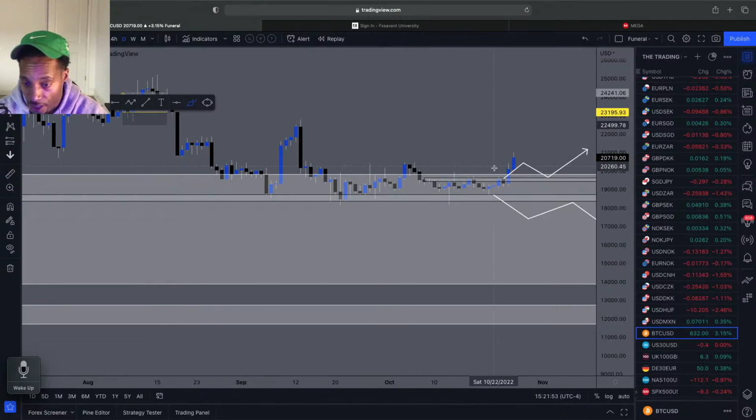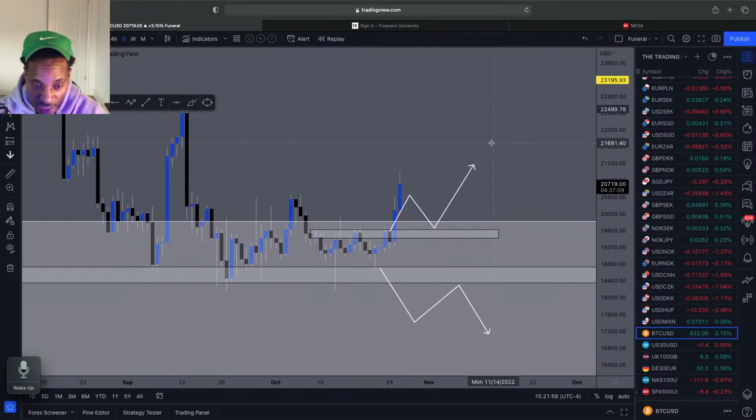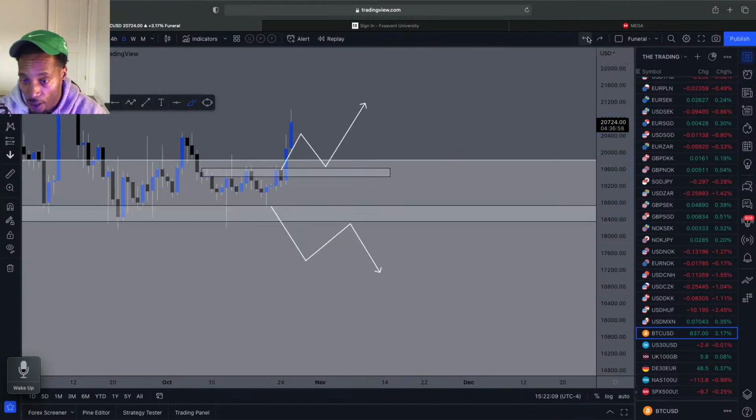If we look at the daily time frame, we can see we are starting to get the impulse to the upside, where from there, if we get the retracement back down into some of these levels, we could see further moves to the upside if the market wants to go ahead and give us that.